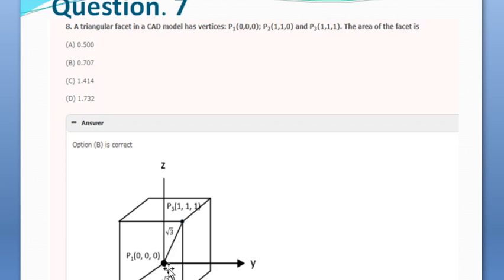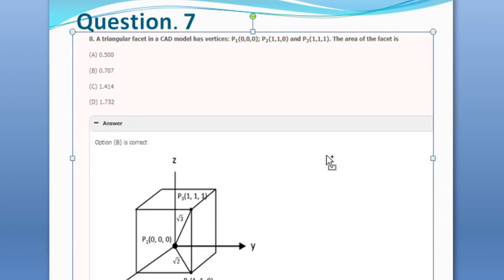P1 is the origin (0, 0, 0). Then P2 is (1, 1, 0), and P3 is (1, 1, 1). It is a triangular facet P1, P2, P3. By connecting these 3 points, we get a triangle.